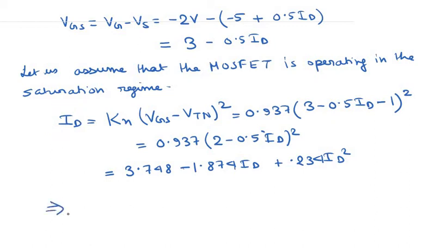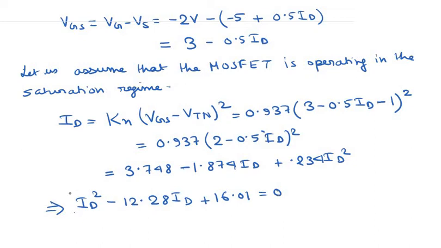So we shift it to the left hand side and get ID square, and we divide by the appropriate factor to get the coefficient of ID square to be 1. So ID square minus 12.28 ID plus 16.01 equals 0.